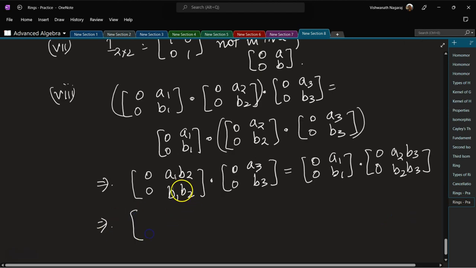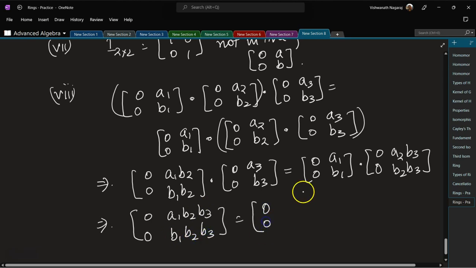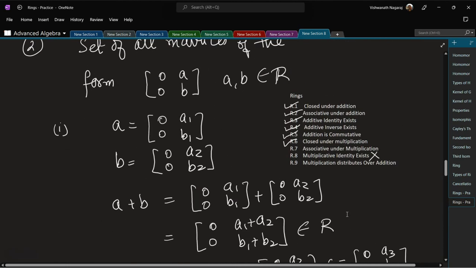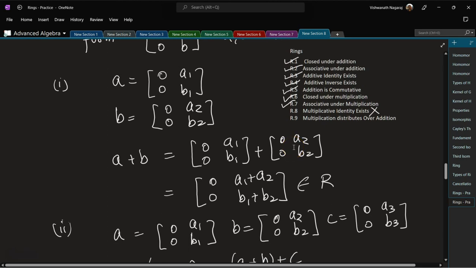Multiplying, we get A1 B2 B3 and B1 B2 B3, and here also we get [0, 0; A1 B2 B3, B1 B2 B3]. So they both are equal. So that means it is associative under multiplication. And we have already seen multiplicative identity doesn't exist.